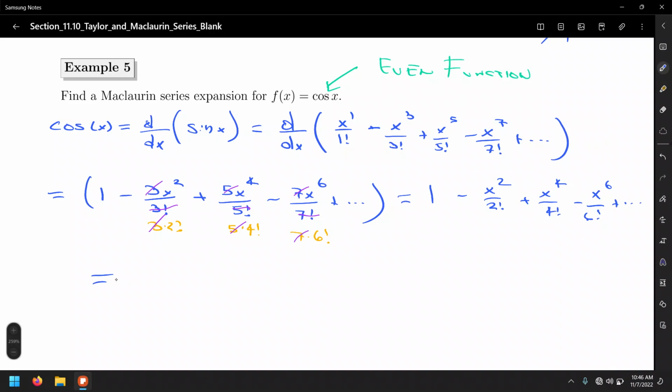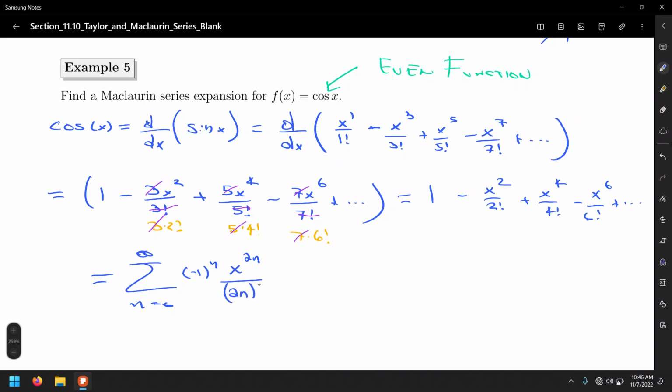So this, written in sigma notation, n equals 0 to infinity, again, it involves a negative 1 to the n power, and the powers and the factorials are no longer odd. These powers are even this time, so that's x to the 2n over 2n.